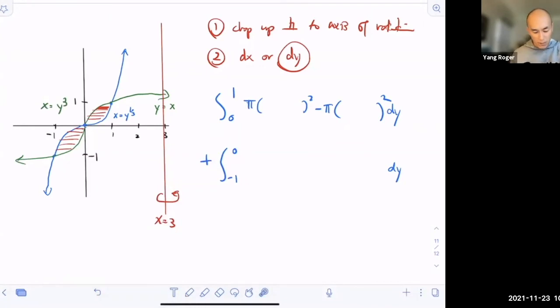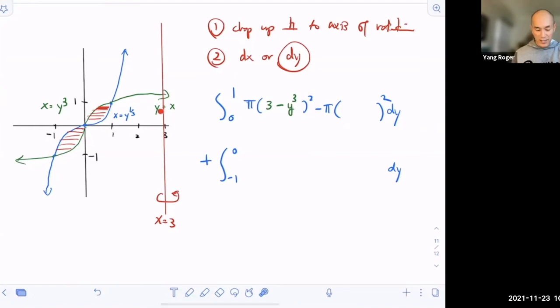So R big is the distance from the red to the green. So we're going to go 3, which is the right x value, minus y cubed, which is the left x value. That's going to be R big. So R big is the distance from here to here. Does that make sense?